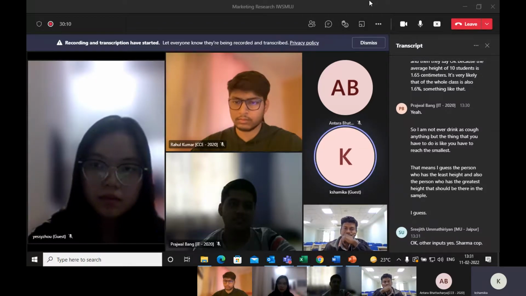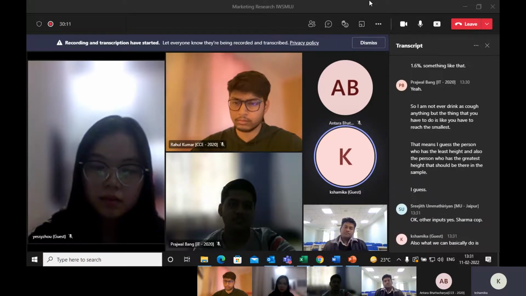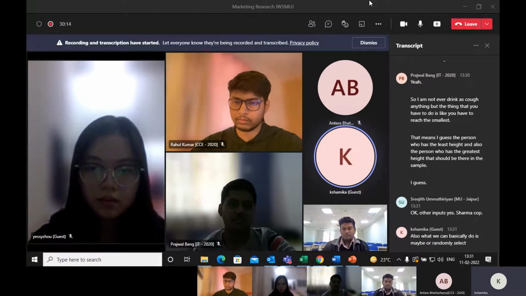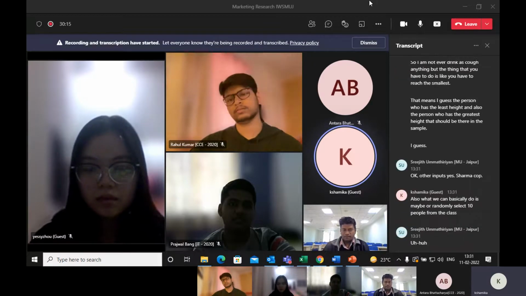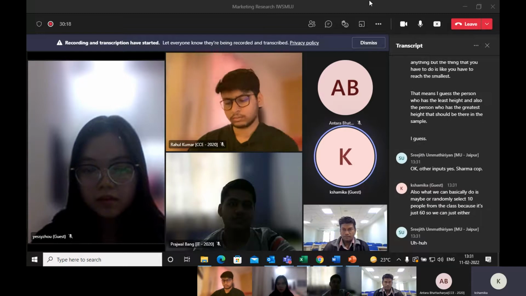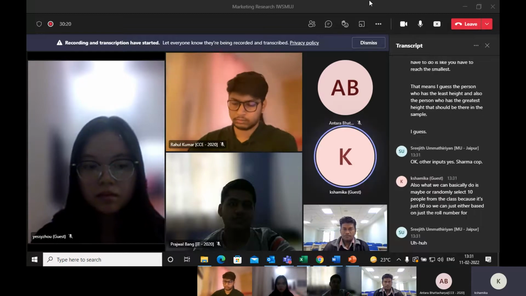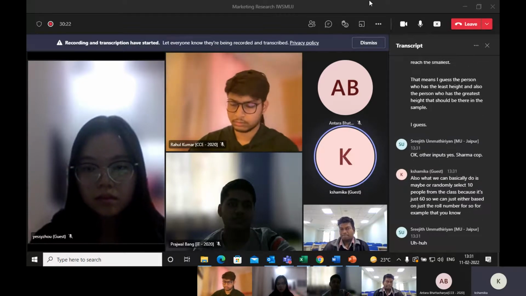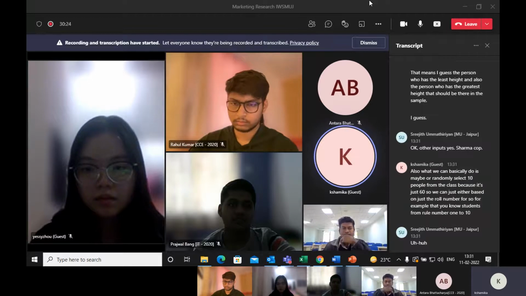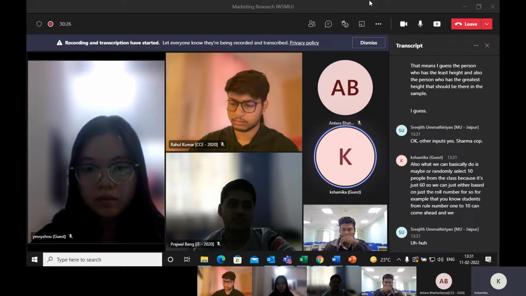So what we can basically do is maybe randomly select 10 people from the class, because it's just 60. We can just, based on the roll number for example, have students from roll number 1 to 10 come ahead, and we select them and make them respond.